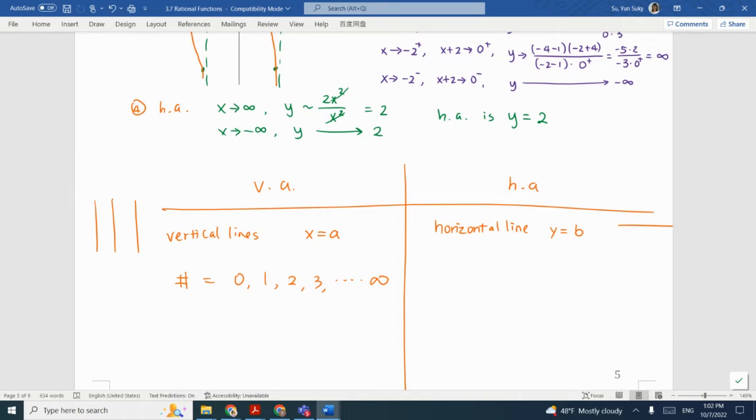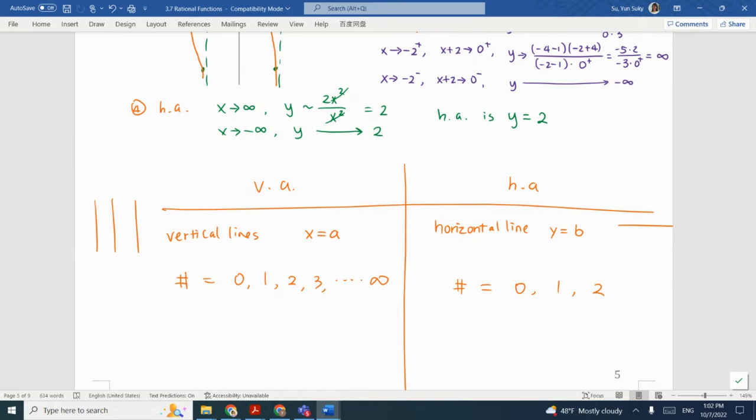But for horizontal asymptotes, the number could be 0, it could be 1, and it could be 2, but at most 2. Because you can approach a horizontal asymptote when x goes to infinity, and you can approach another one when x goes to minus infinity. But at most 2 different horizontal asymptotes. Is that okay, everybody?